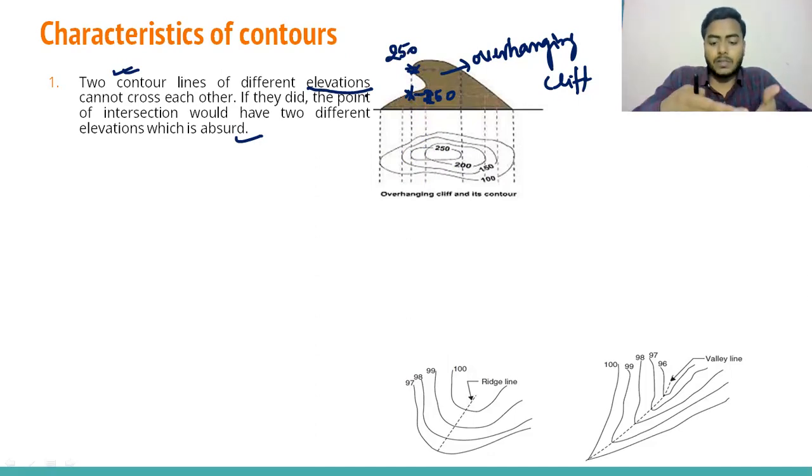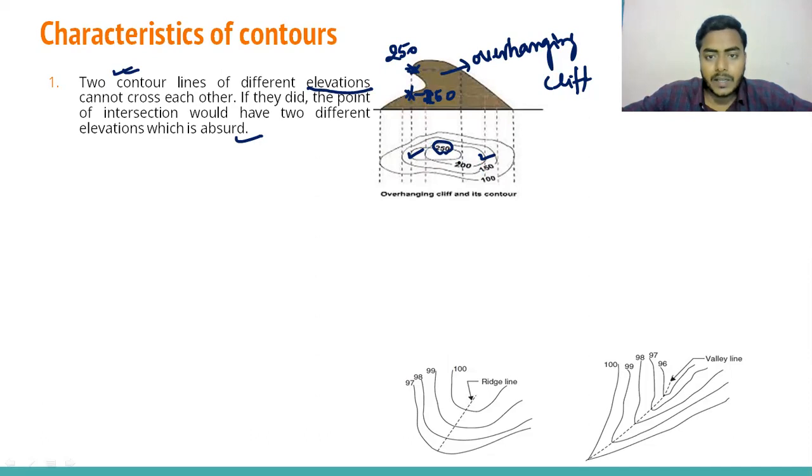So how can we show this on a horizontal paper, drawing sheet or plan? In that case you will see the contour lines intersecting each other. You can see that this contour line with the 250 meter elevation and this contour line with 200 are intersecting.